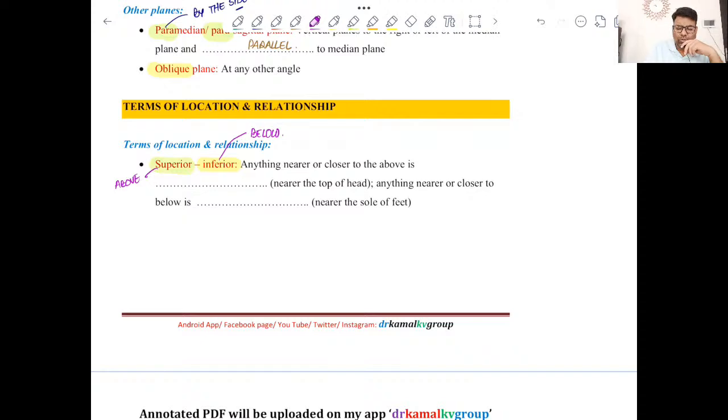So anything nearer or closer to above will be written as superior. Clear? And anything nearer or closer to the below, you will write it as inferior. Clear? So superior, you can say it's nearer to the top of head, and inferior to the sole of feet. So above, in simpler words, superior, and lower is inferior.